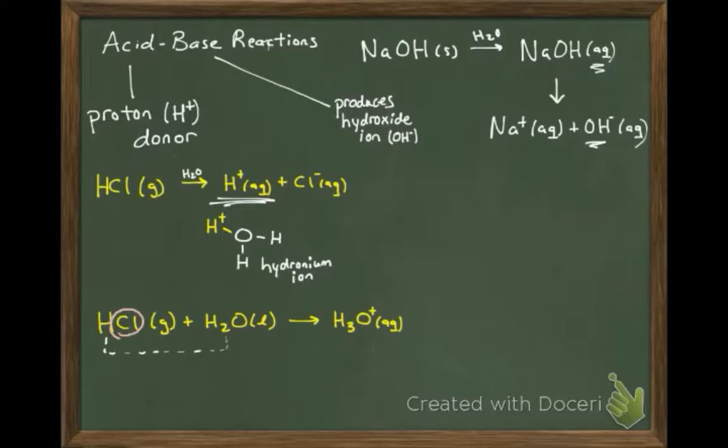That leaves the chloride, and we draw that in just as it was previously. So here we have a Bronsted representation of that same reaction, showing the transfer of the hydrogen ion to the H2O to produce H3O plus.